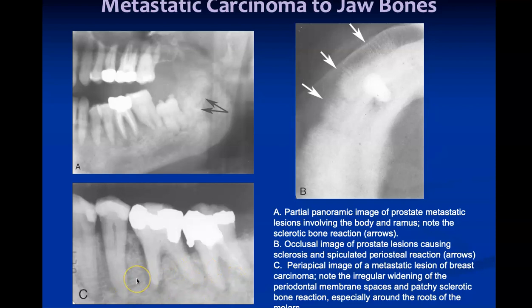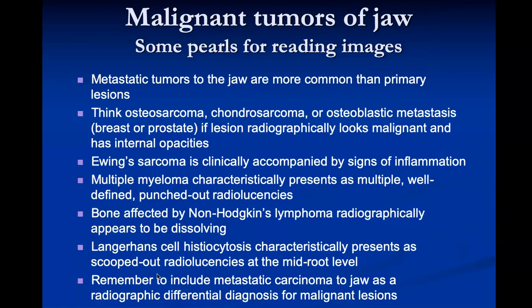Any of these appearances should increase your suspicion for a malignancy in the bone. And last, this is just a nice reminder. It's all things that we've talked about, but just some pearls when you're studying to help you remember about malignant tumors of the jaw.